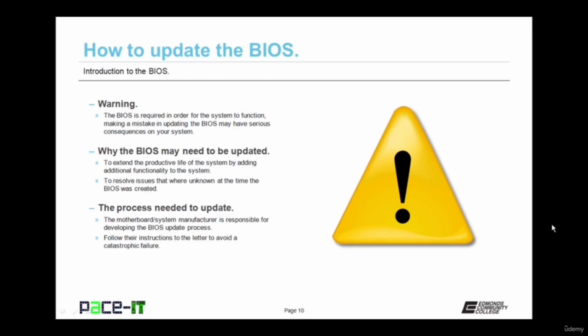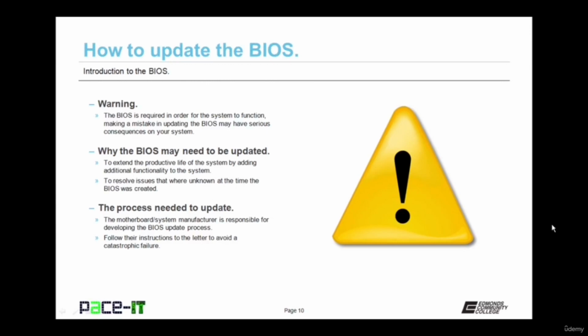Well, you can extend the productive life of a system by adding additional functionality to the system by updating the BIOS. You also might need to update the BIOS to resolve issues that were unknown at the time that the BIOS was created. So what is the specific process required to update the BIOS?